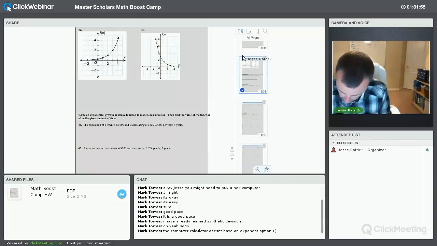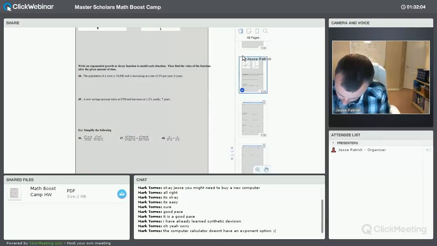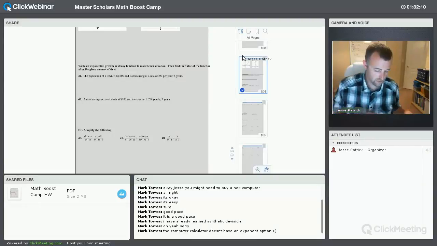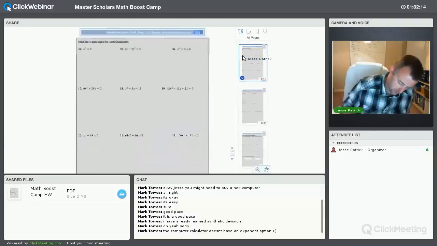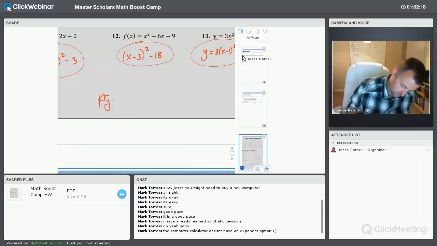So page 101 to 104, and it's numbers 14 through 45. Again, page 101 to 104, 14 through 45, and I'll even write it here at the beginning so I don't forget that either. Page 101, 104, number 14 through 45.